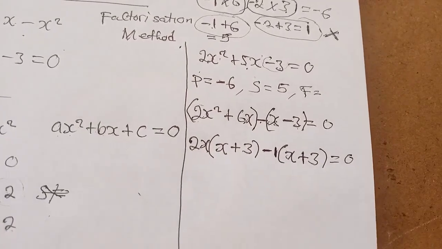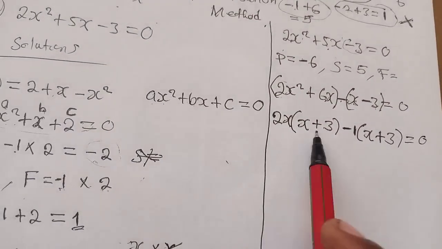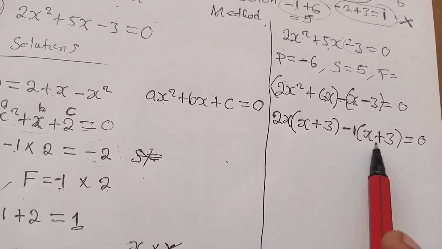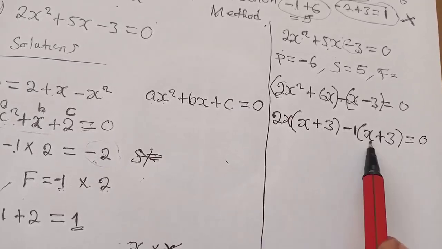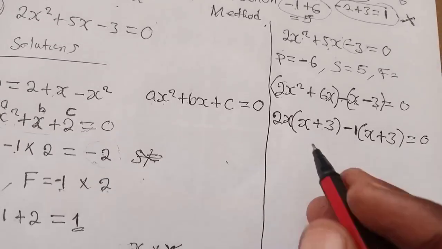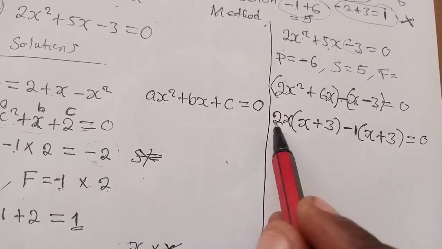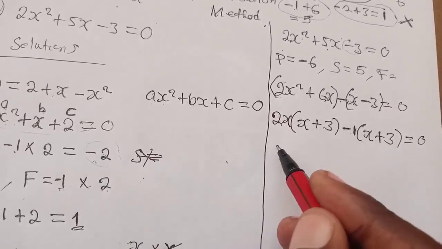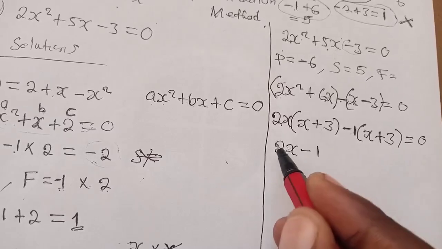As we are solving, if you find that these two are different, then you are doing the wrong thing. These have to be the same. So from there you get the numbers that are outside the brackets, which is just 2x minus 1.